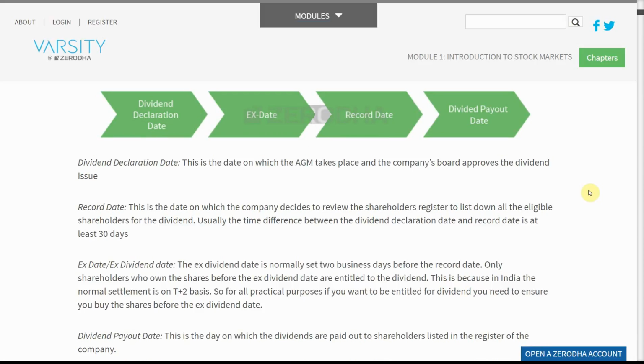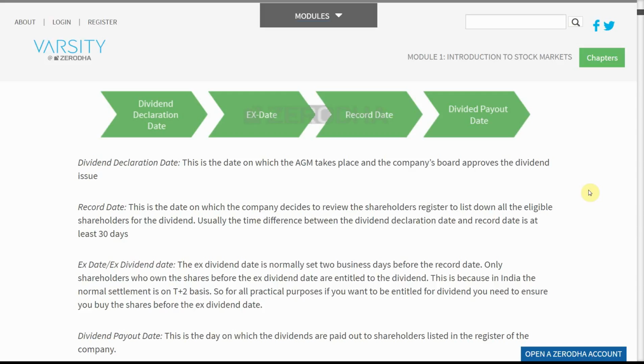This is the date on which the company decides to review the shareholders' register to list down all the eligible shareholders for the dividend. Usually the time difference between the dividend declaration date and record date is at least 30 days. Ex-date, ex-dividend date. The ex-dividend date is normally set 2 business days before the record date.